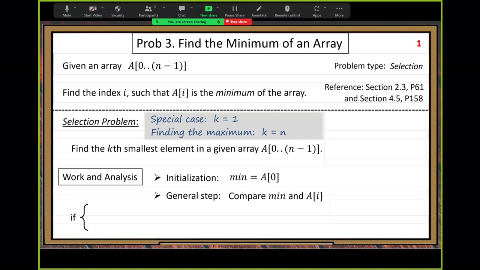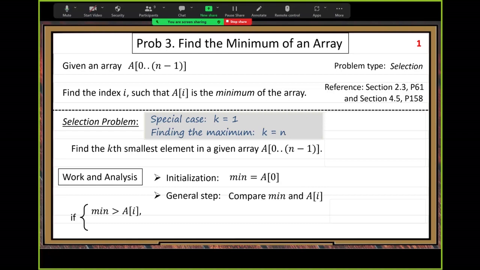Two cases we need to consider. First case, if the main value is greater than A of I, the current element, that means the current element is less than the value stored in main.